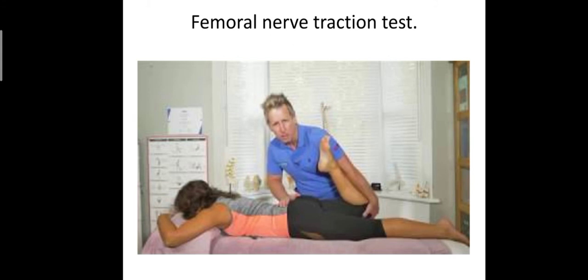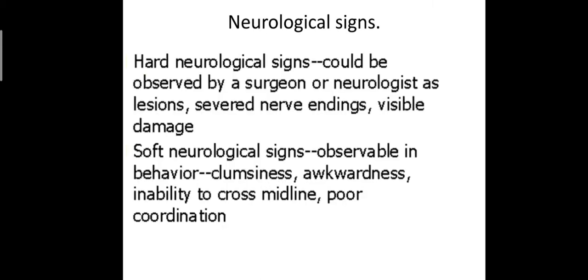Femoral nerve traction test. This is the posture and procedure for examination of the femoral nerve traction test. Neurological signs: hard neurological signs and soft neurological signs. Hard neurological signs could be observed by a surgeon or neurologist as a lesion, severe nerve ending visible damage.